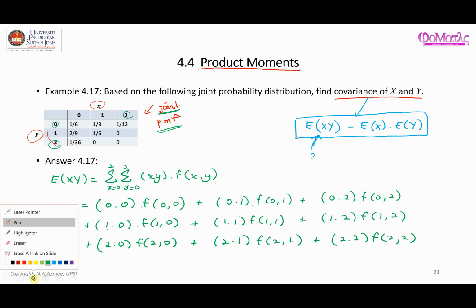Now you can see that anything related to 0 we can cancel out, because that term becomes 0. 0 times 0 multiplied with whatever is also going to be 0.